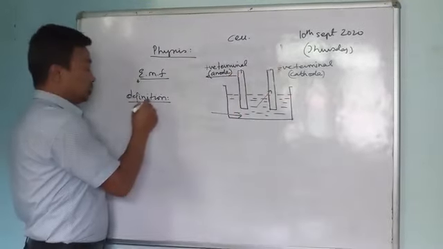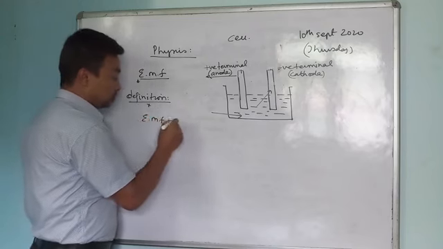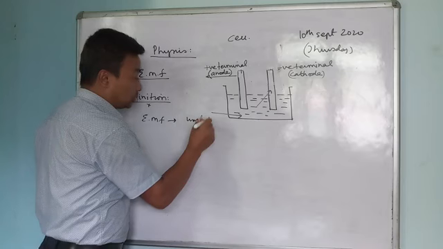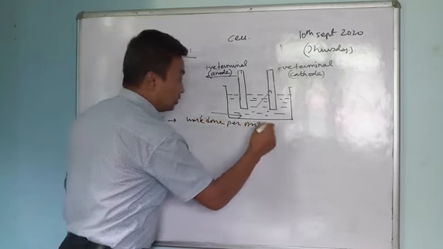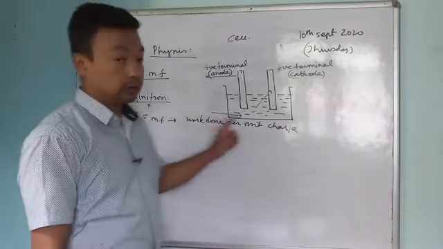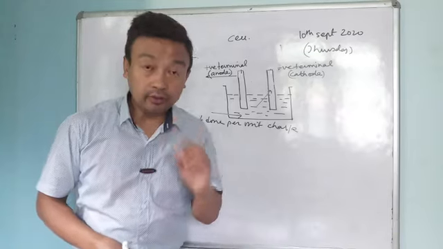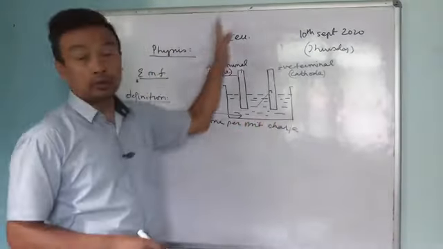So EMF is defined as work done per unit charge. Work done per unit charge in carrying a positive test charge across the complete circuit of the cell.